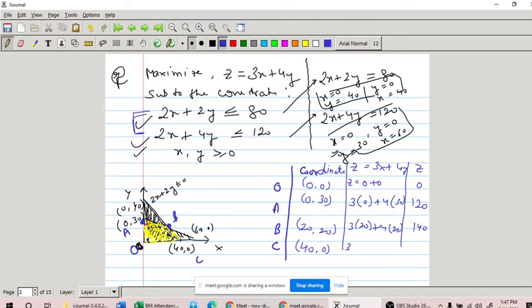You put these corner point coordinates into the objective function again, and you will get these values.